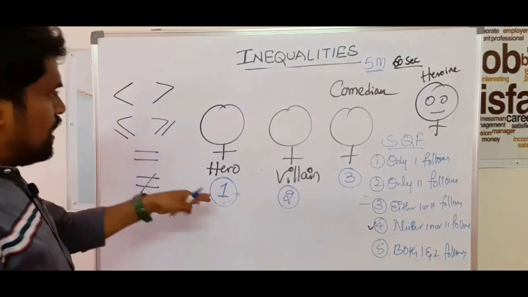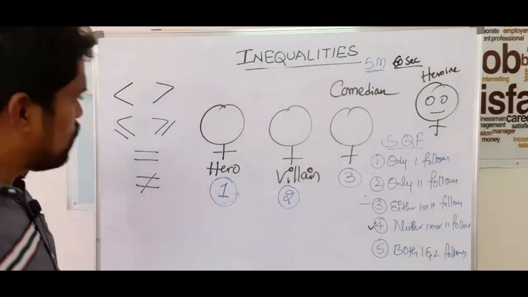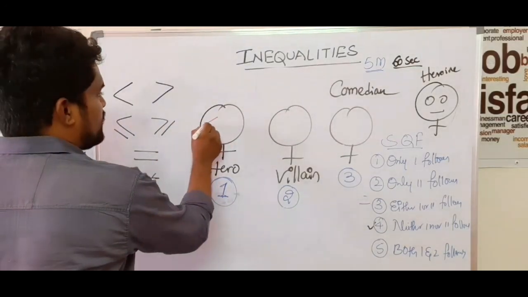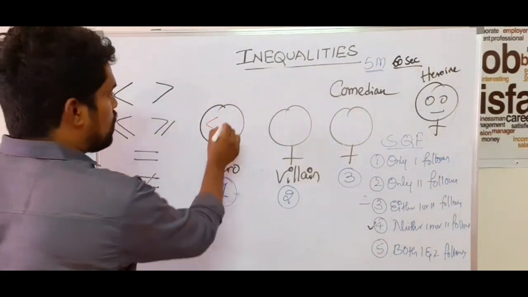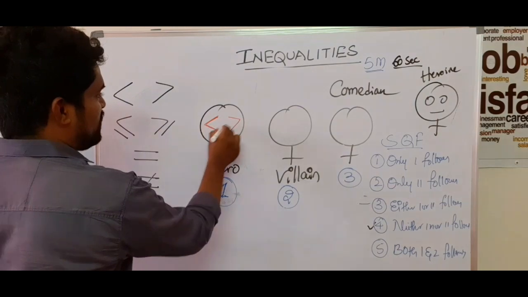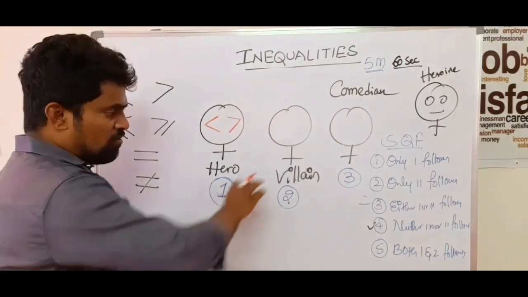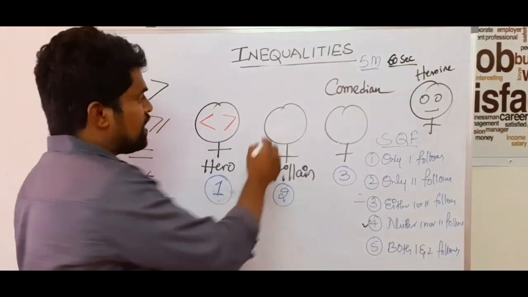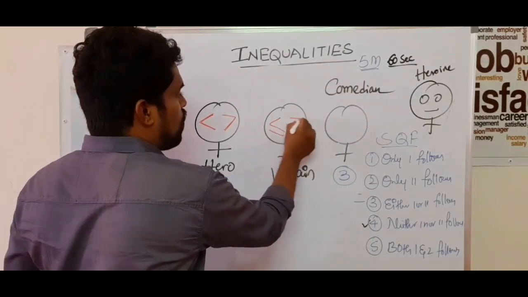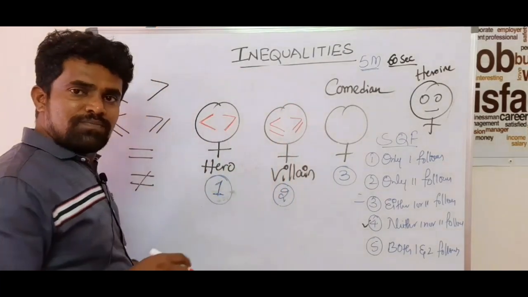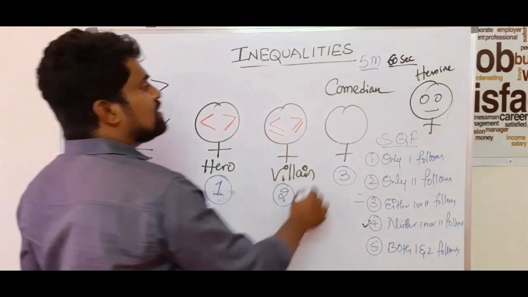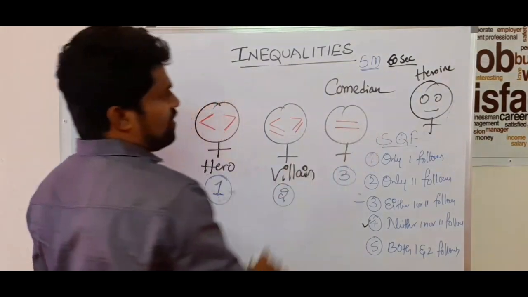Hero in the sense, either he may be less than or greater than. Villain in the sense, either he may be less than or equal to, or greater than or equal to. And comedian in the sense, equal.